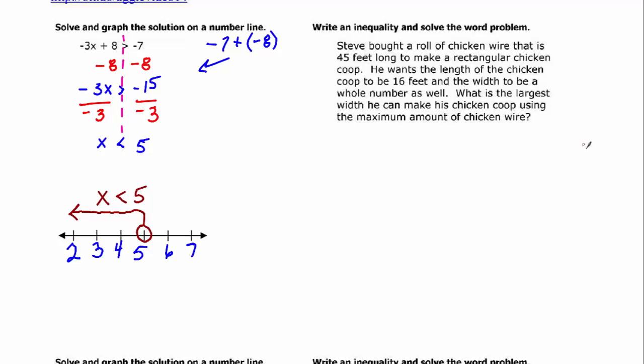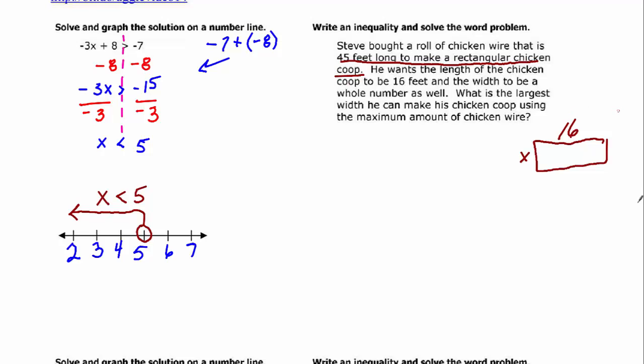I would recommend that you always, when you start a problem like this, draw yourself a picture of that chicken coop, all right? 16 feet, some unknown amount. That helps you set up the inequality. So we know that this is a problem that deals with perimeter.